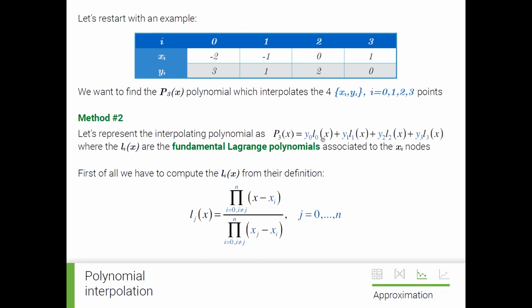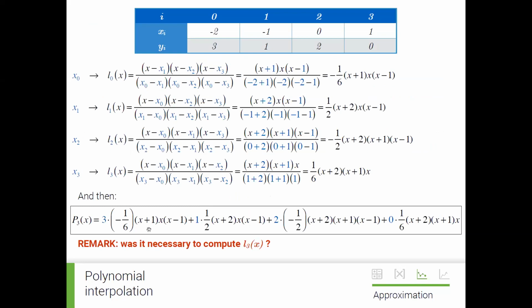So if you replace the corresponding Li polynomials and the yi here, respectively, we get this kind of expression, just multiplying the first L0 by 3, L1 by 1 because y1 is 1, and L2 by 2 because y2 is 2, and the last one, L3, by y3. So y3, this is here 0 just.